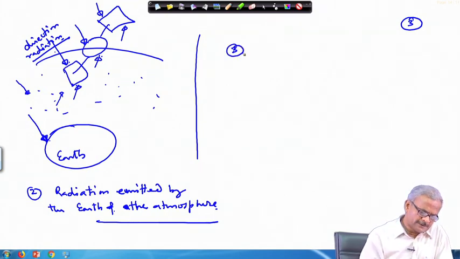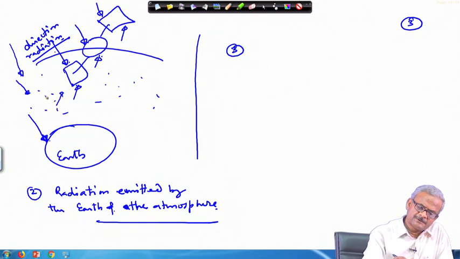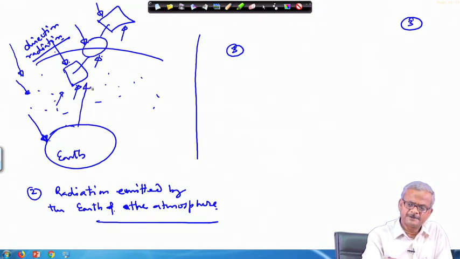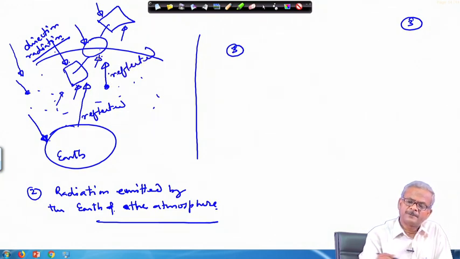And the third one is directly from the reflection. So, sun radiation is coming here, it is falling on the earth, and then some of it gets reflected. Similarly, from the atmosphere some of it will be reflected. So, this will also go and impact.